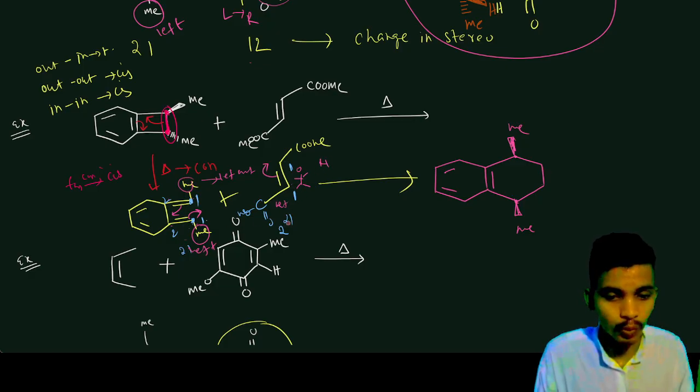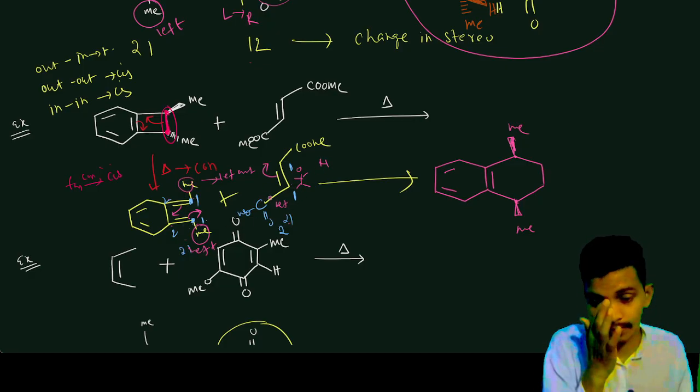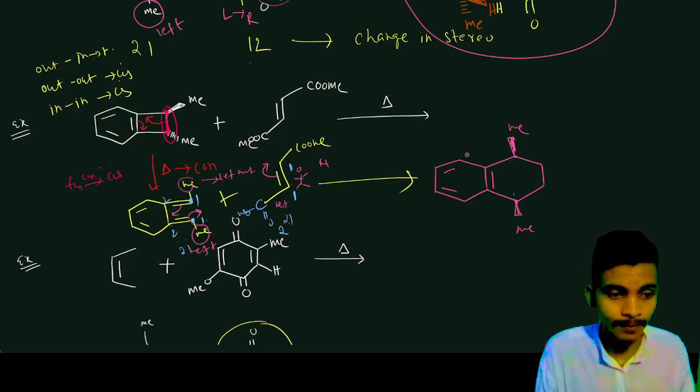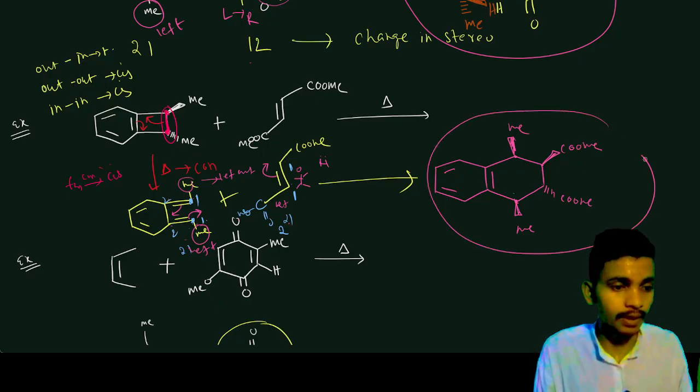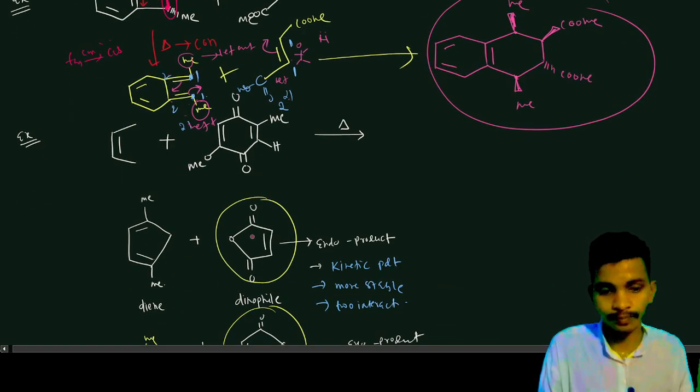Since this is 2 1 2 1, there is no change in stereochemistry. So one COMe, if we are putting it right here, then this one is right and this is the left. So the left one I will put this way, COMe. The right one I have to put like this. Okay, so this is the final answer for this question.